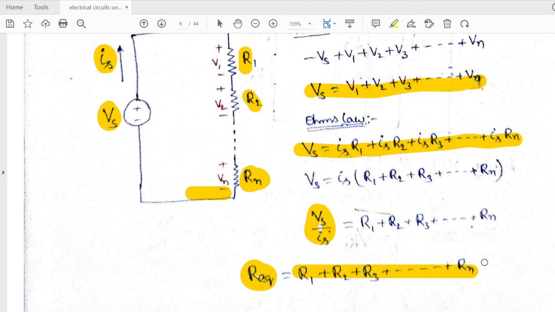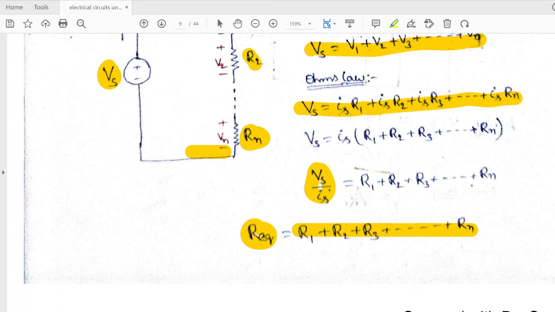Means, if I add the resistances of all the elements, I'll get one resistance. So if I have a resistor having that resistance, I can replace this entire series combination with a single resistor having that resistance value. So now let us see elements connected in parallel.